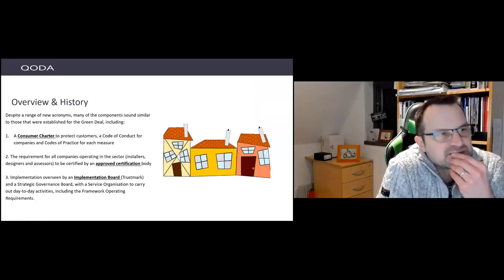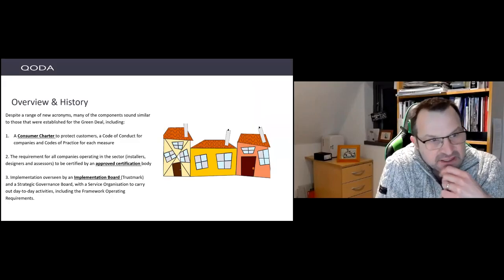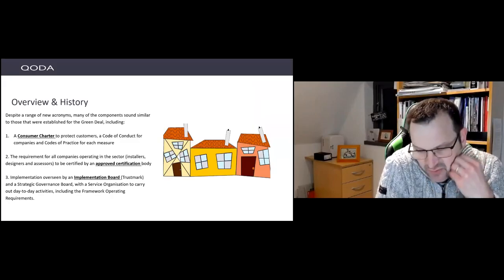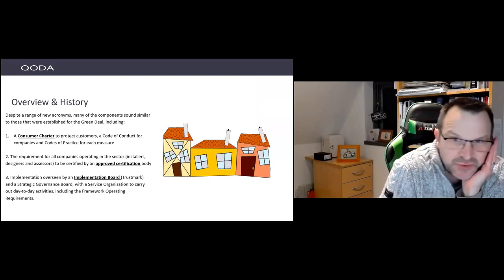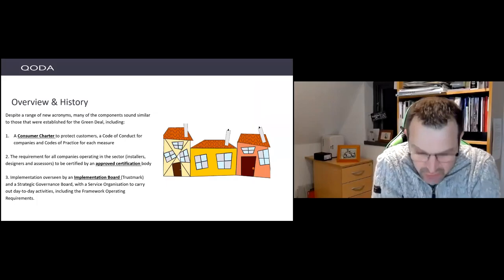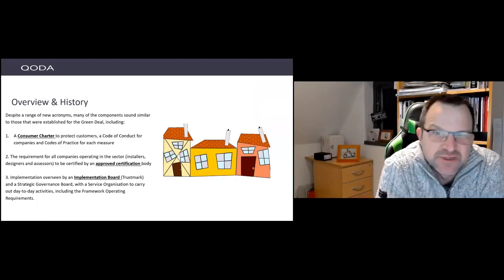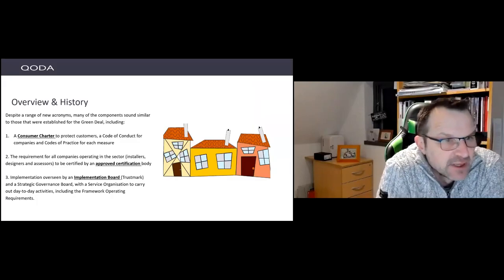So out of the back of that came PAS 2035, and some of the wording and some of the thinking is somewhat similar to the Green Deal, that short-lived scheme that the government devised, where we all rushed off to become Green Deal assessors and then realised that it wasn't really going to be very successful.